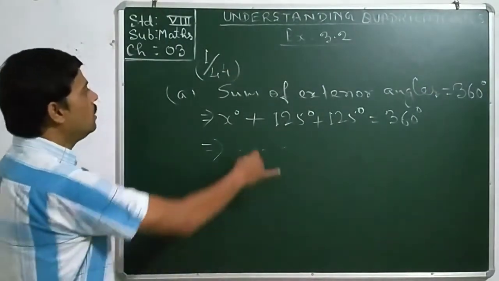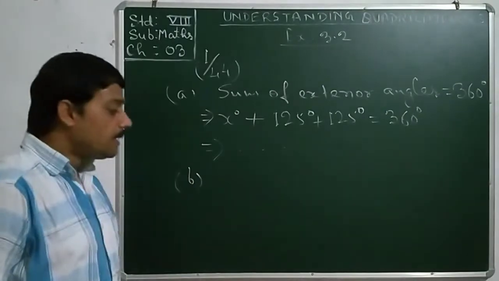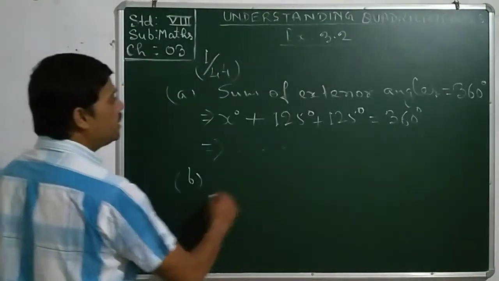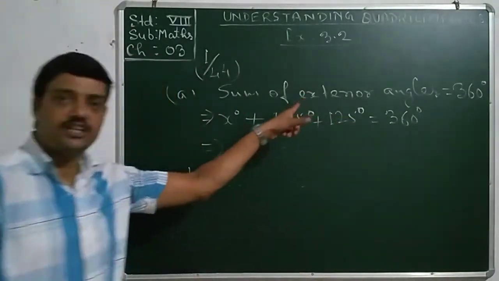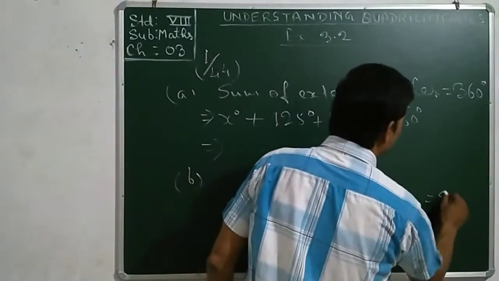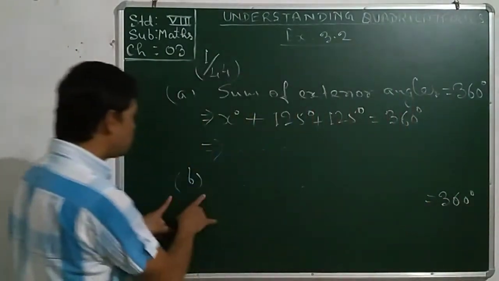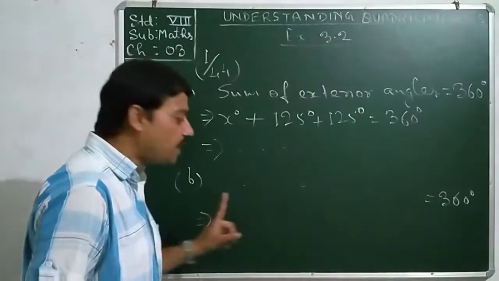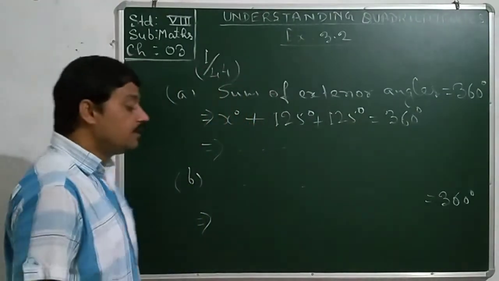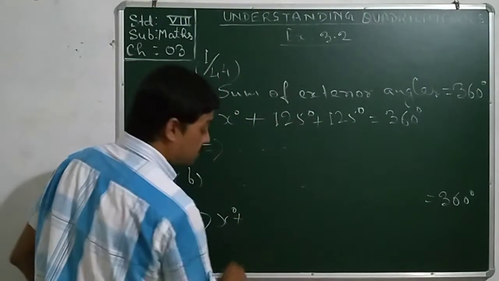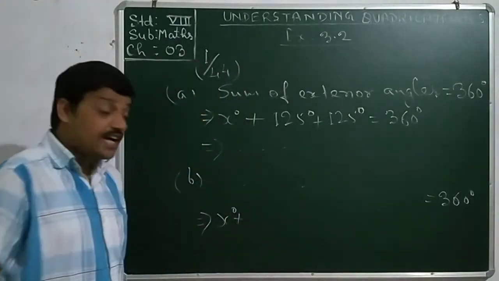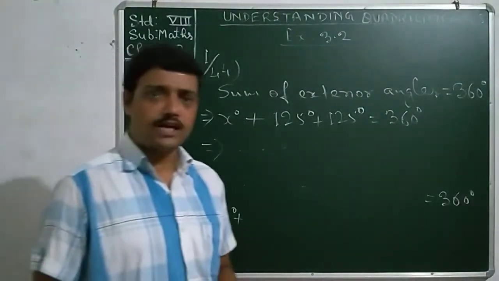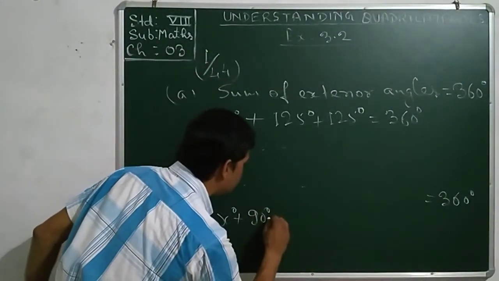Do it yourself. Come to the B number. In the B number figure also, the sum of exterior angles must be 360 degree. You will write the same language as I have written here at the A number. And instead of writing x equal 125 degree, look at the figure. Figure shows that angles are x degree plus the next angle, that is a right angle, and the supplementary of a right angle is also a right angle, so that angle is also 90 degree.